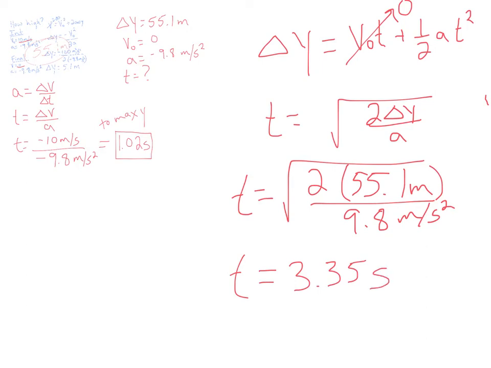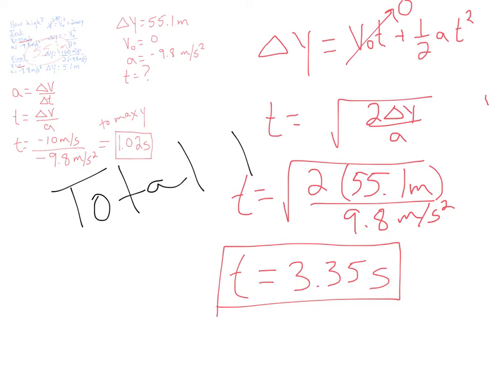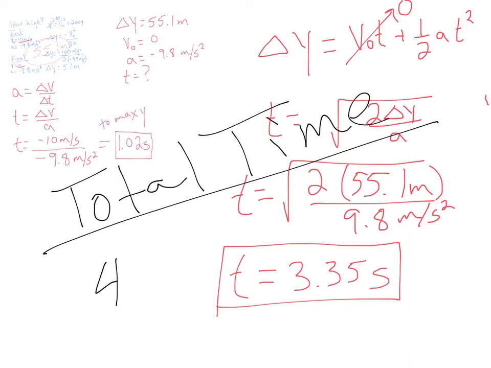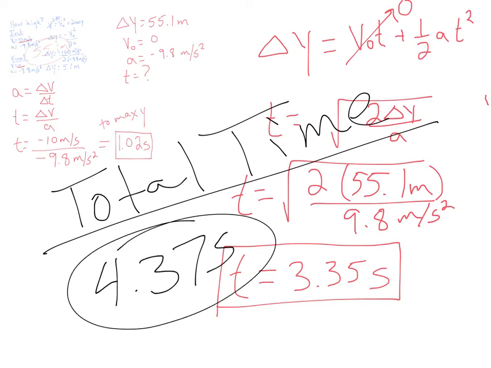Now remember, this is just our trip from the top down to the surface, so we have to add the two together to get a total time of 4.37 seconds. So from the time the ball leaves your hand, going to the max height and all the way down to the surface, it'll take 4.37 seconds.